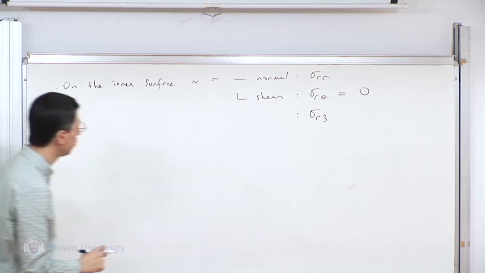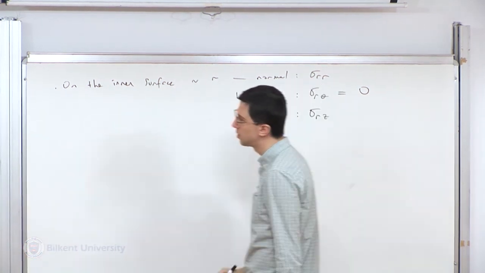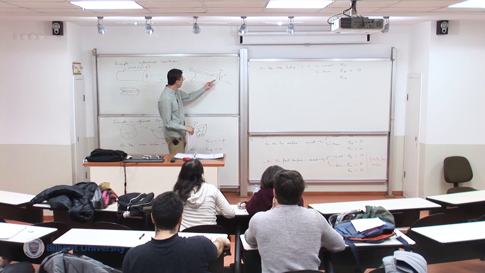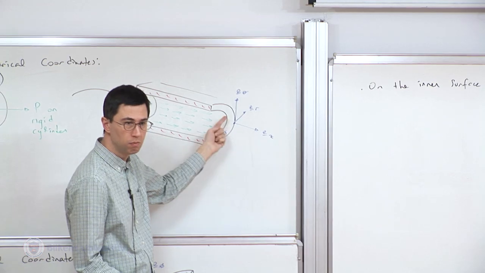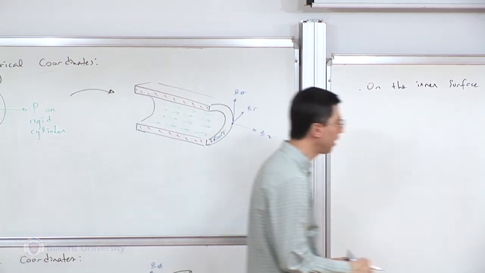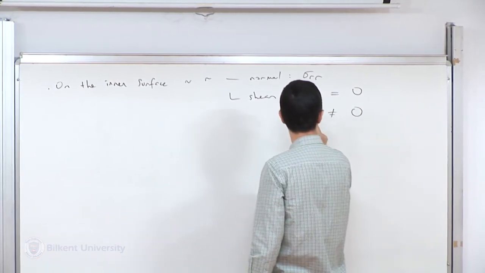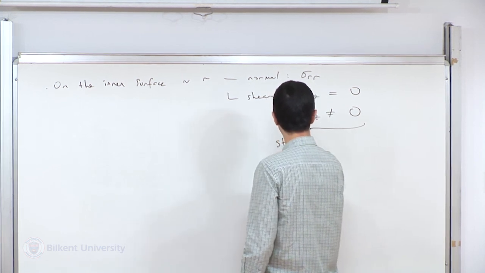I'm sorry, I should have said not r3 but rz, because our notation for cylindrical coordinates is z. So on the plane with normal r, in the direction z. Well, there is something. It has to form, and it has to be such that it is statically equivalent to the force that I'm applying.